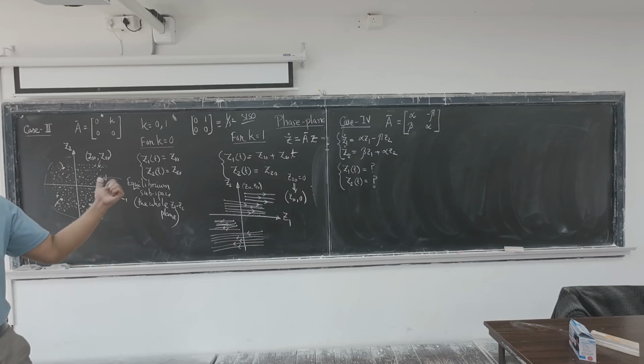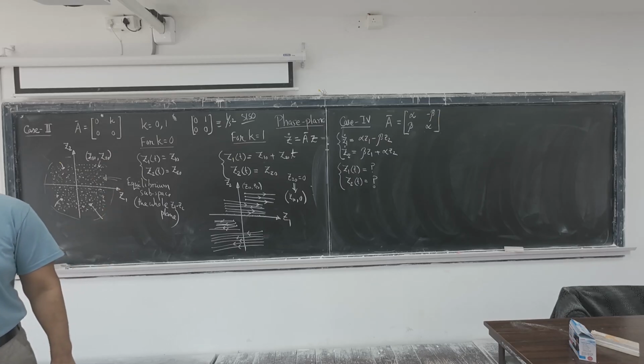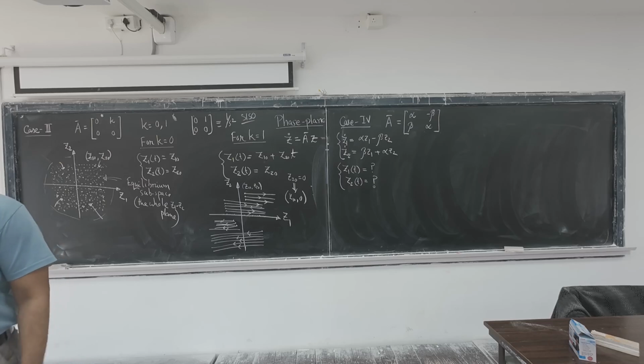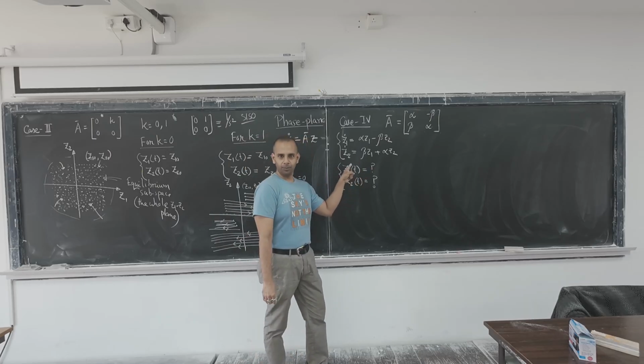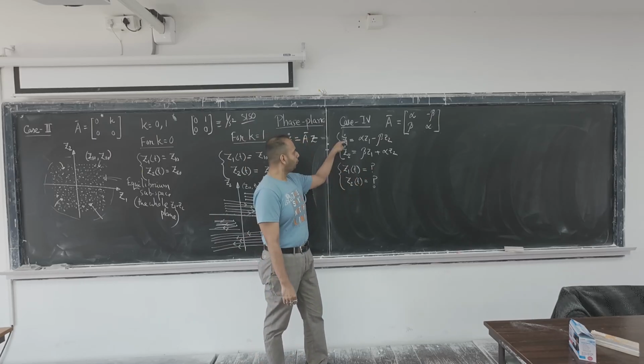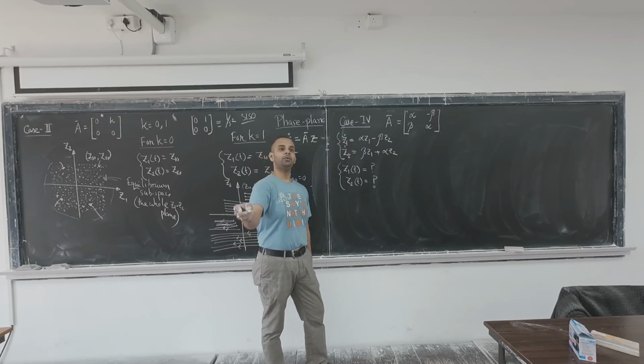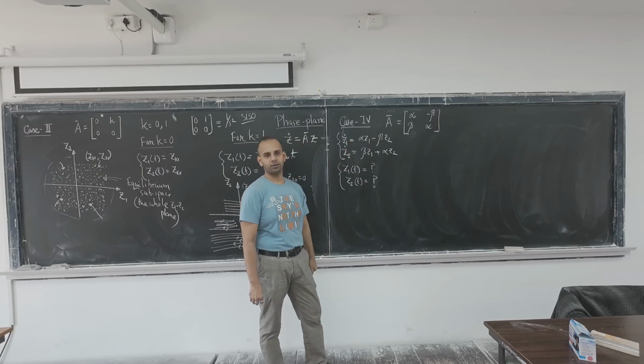But so far, we never had to handle too much coupling. This is for the first time it is completely coupled, meaning for both Z1 dot and Z2 dot, you have contribution from both Z1 and Z2.